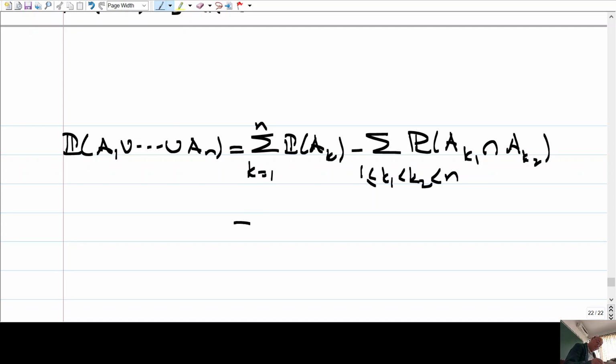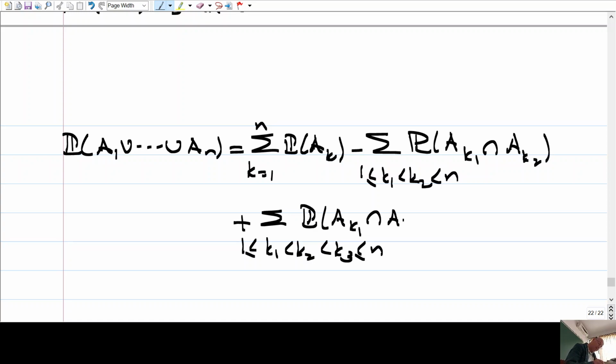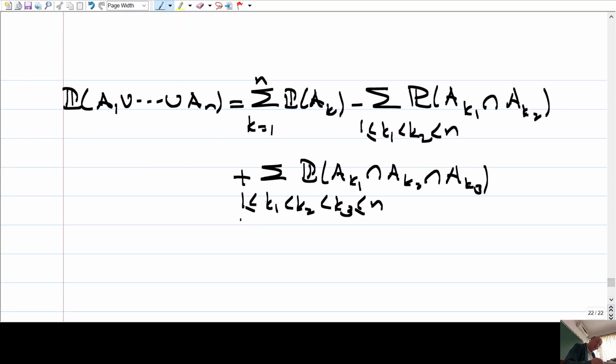Okay, so that's what you do here in the summation over K1, K2, K3, and you keep doing this till the intersection of all of them.